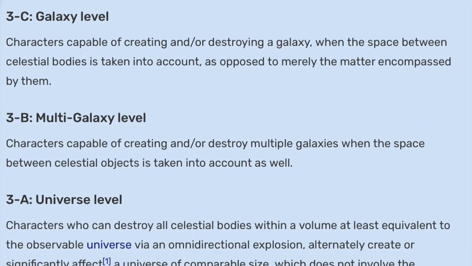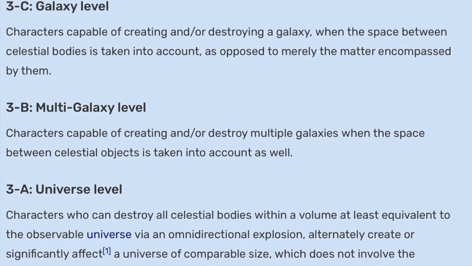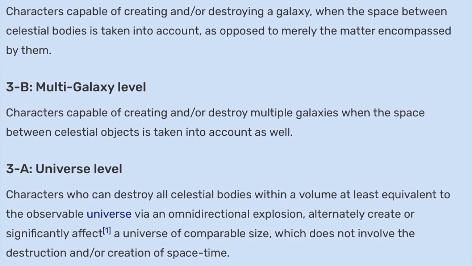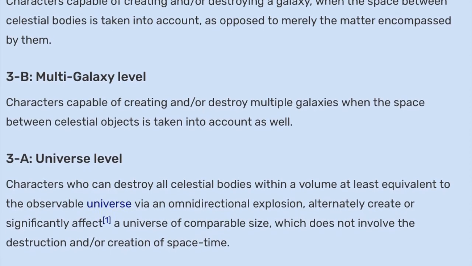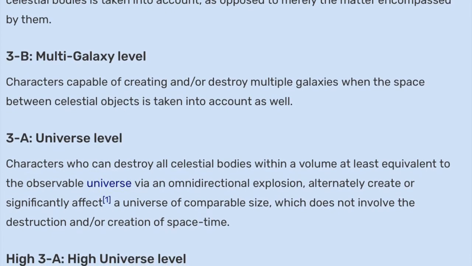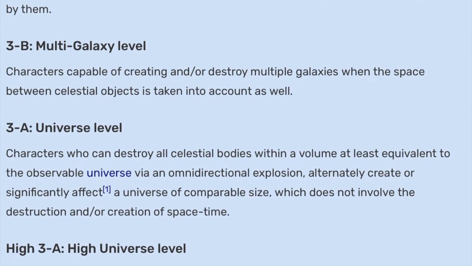Next we have tier 3 or cosmic. There are 4 sub-tiers in tier 3. First one is 3C or galaxy level. You can create or destroy galaxies. 3B is multi-galaxy level. You can create or destroy multiple galaxies. Simple, right? Next we have 3A, universe level.